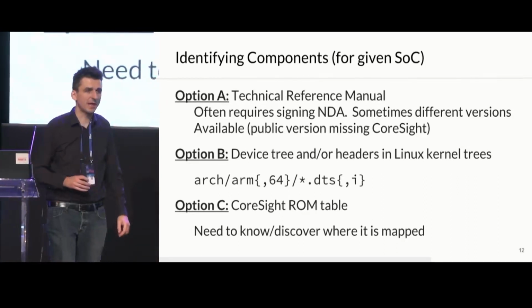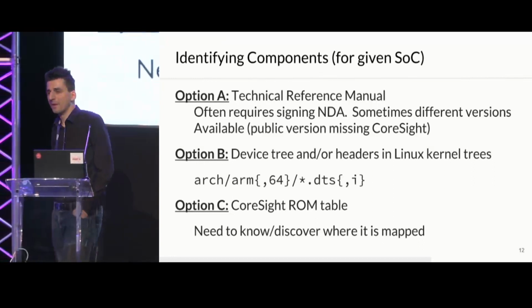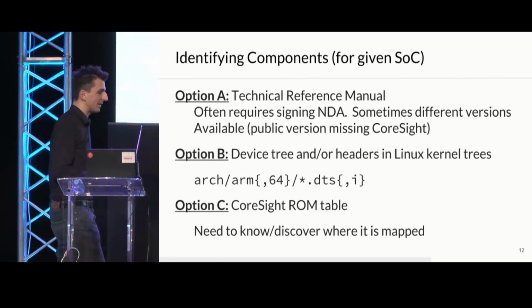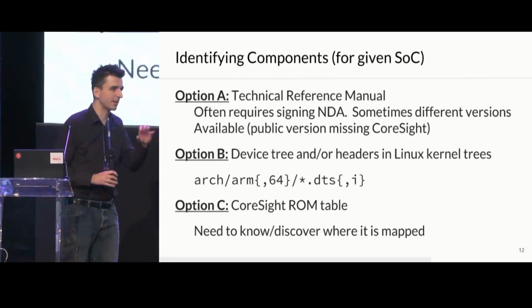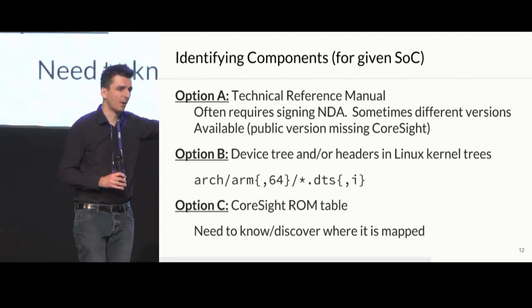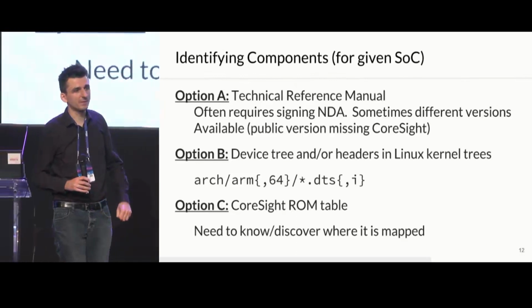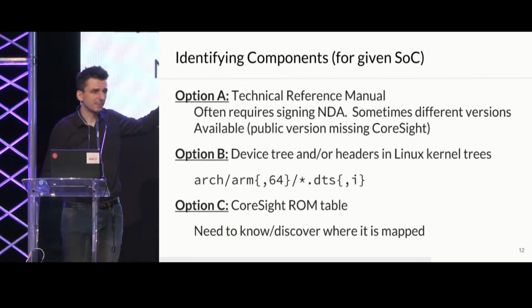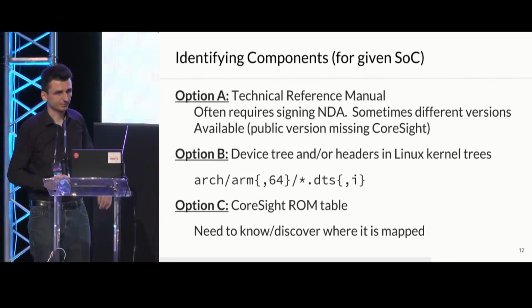Option number C, if you don't have device trees, there's something called the CoreSight ROM table. So this is basically a table in memory, a structure that describes all of the components that you have in the system. And if you know the address of this ROM table, then you can basically dump what you have.